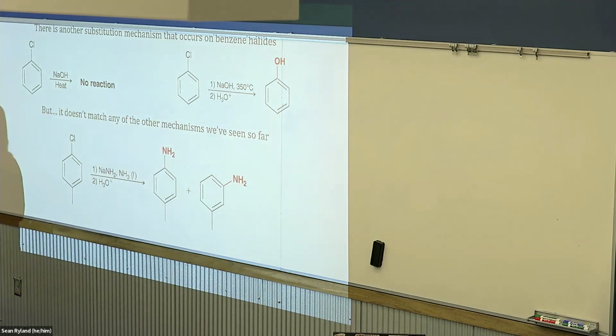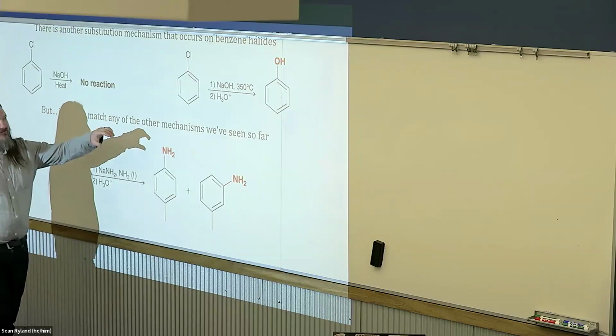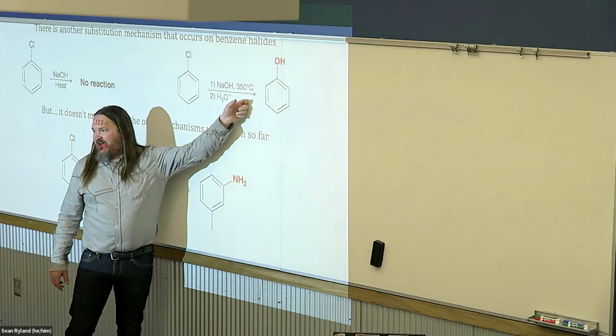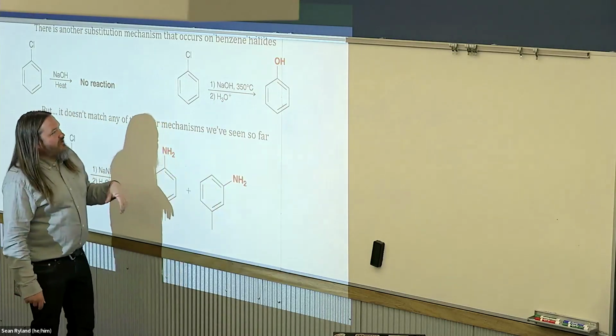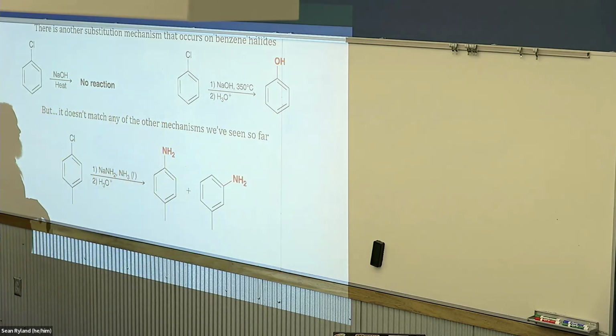It's called elimination addition. It's exactly what it sounds like: you do an elimination, and you follow it up with an addition. The substitution, yeah. But it works in a very weird way. And you'll notice this is also not a particularly fun reaction to do in a lab, because it's sodium hydroxide at 350 Celsius. That's fun. Yeah, it's not ideal.